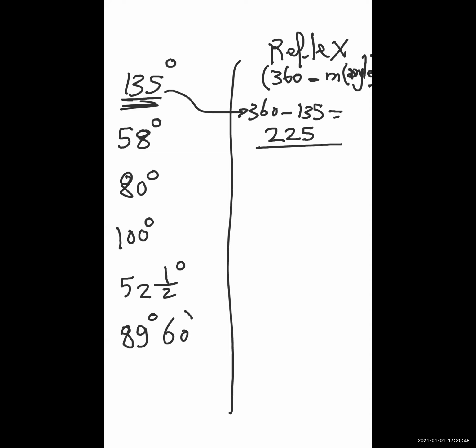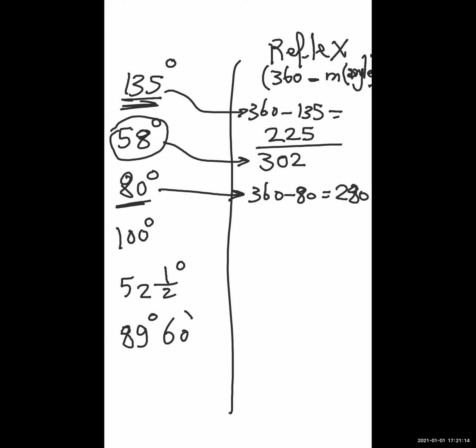So this will be the reflex for this angle. Okay, 58 also will be the same. 360 minus 58. So it will be 302. The next one, 80 degrees. 360 minus 80. So it will equal 280 degrees. 100. 360 minus 100, 260.